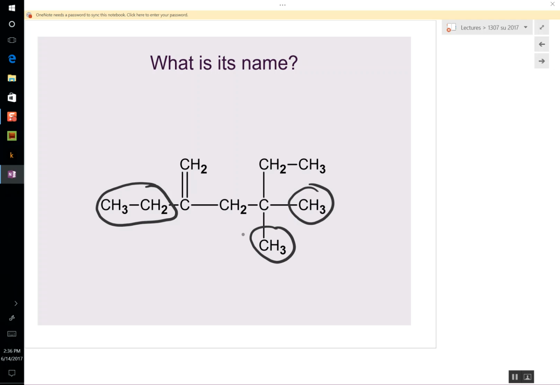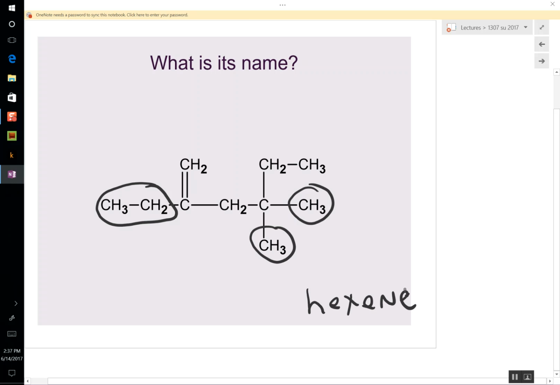All right, so that's a tricky molecule. It won't be for you anymore, but you just have to know you're not just hunting for the longest chain, it's got to include the double bond. So what's the parent name of this? Hexene.